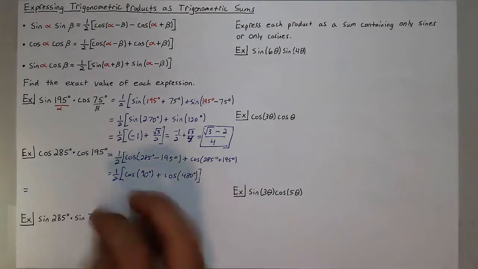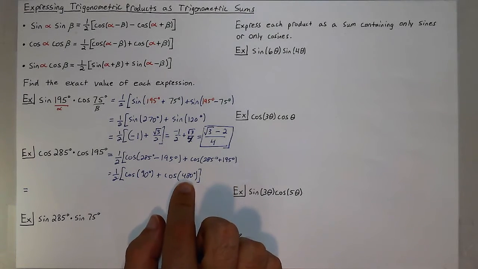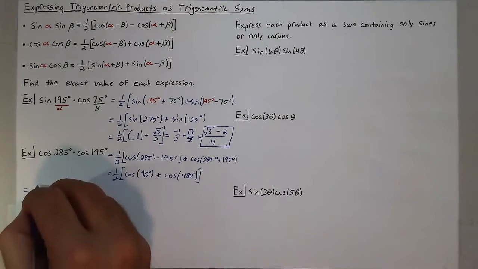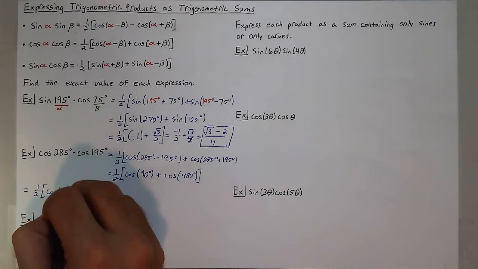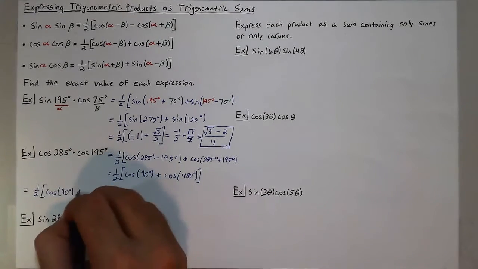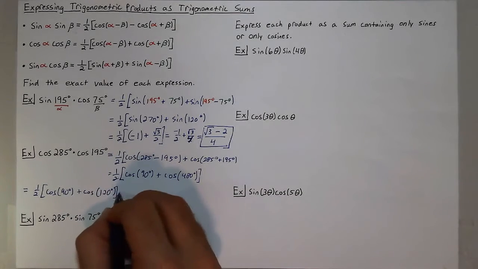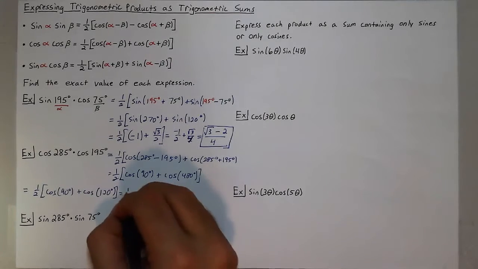So to continue to be able to evaluate this, 480 is outside of my unit circle's range. So I'm supposed to subtract 360 from 480. So I get cosine of 90 degrees plus the cosine of 120 degrees, using the period of cosine. And now I can find the value of each of those expressions.